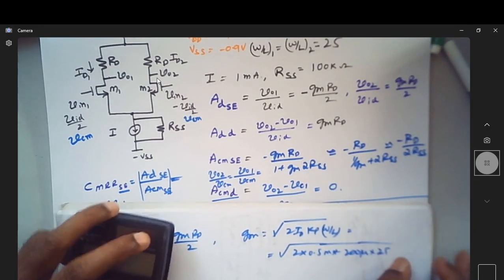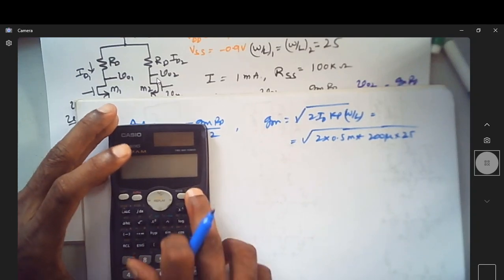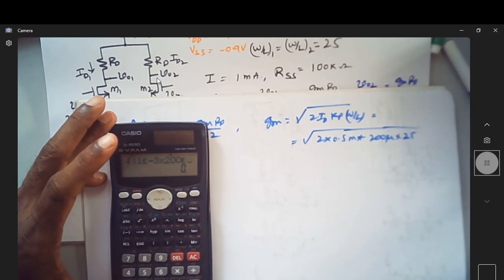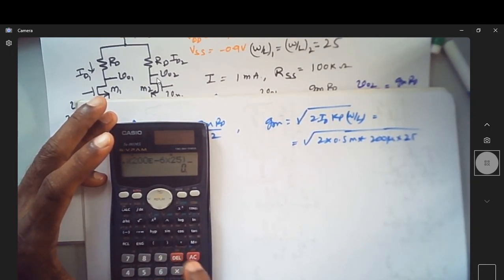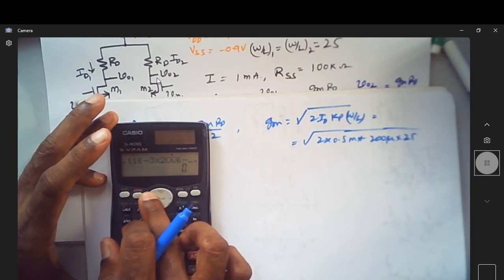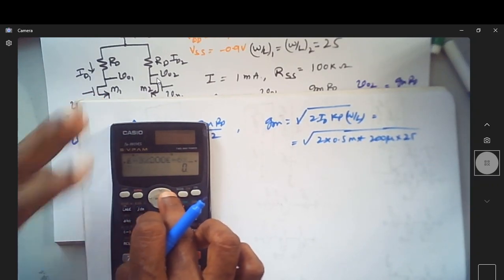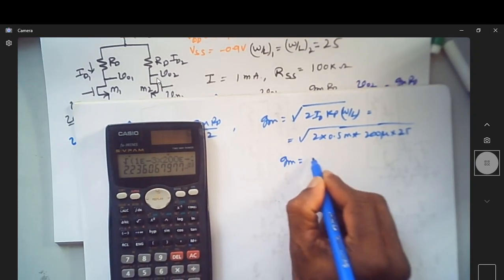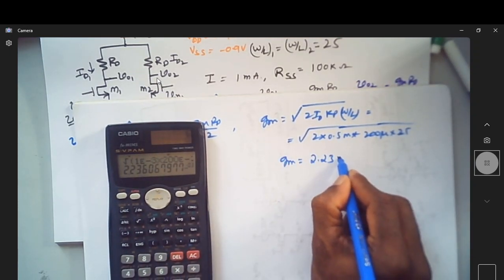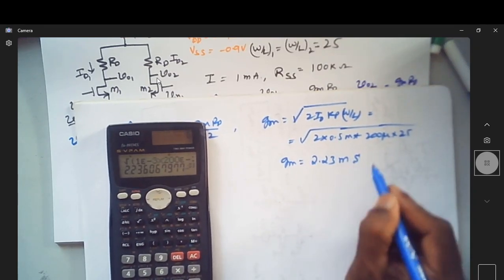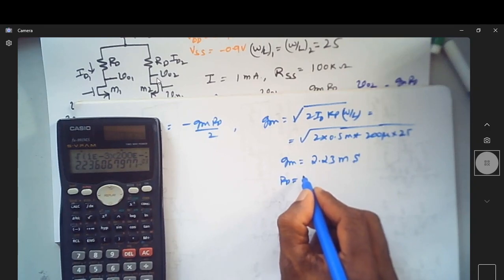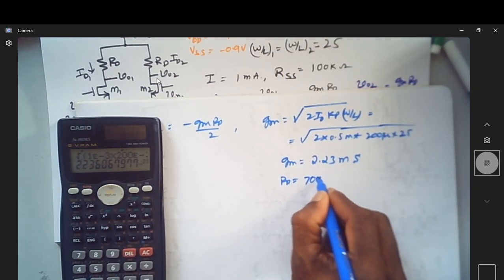So let us find out what GM is. It is the square root of 1 exponential minus 3 into 200 exponential minus 6 into 25, close the parenthesis. So GM is 2.23 millisiemens. Of course, RD is given as 700 ohms.